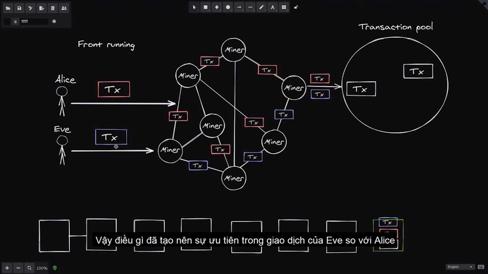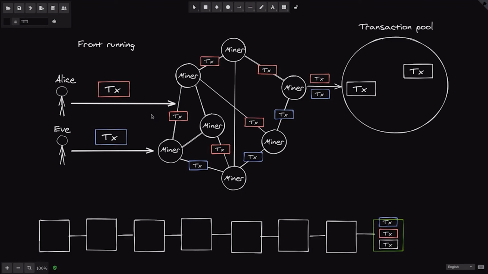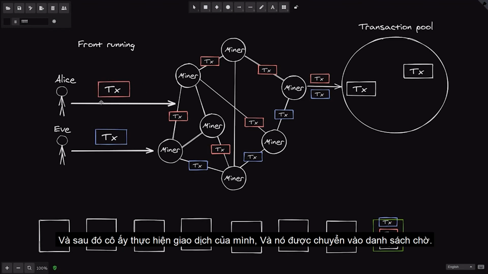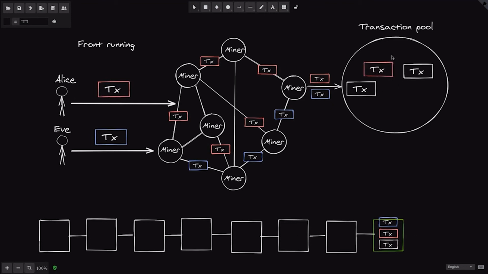Now, what are some incentives for Eve to have her transaction included before Alice's transaction? Well, for example, let's say that Alice knows a secret to unlock 10 ethers from a contract, and the secret to unlock that 10 ether is included in this transaction. Then after Alice sends her transaction, and while it's still in the transaction pool, Eve can look into the transaction pool and see Alice's transaction, and also see the secret to unlock that 10 ether.